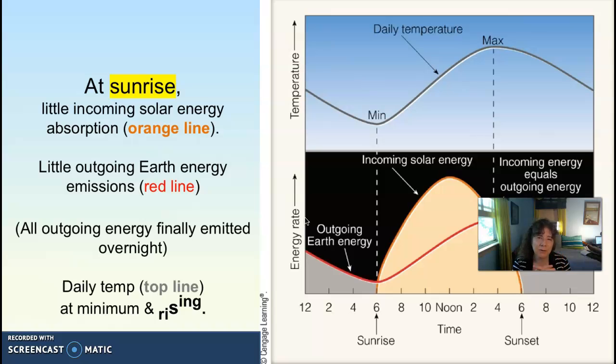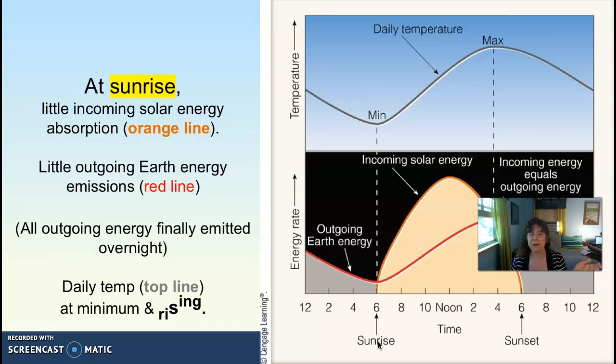We're going to start at sunrise. And sunrise, you note here, is down at 6 a.m. And you might be noting that there's two troughs here. There's a trough for the minimum temperature, and there's a trough for the minimum outgoing energy from the earth, the minimum emissions.